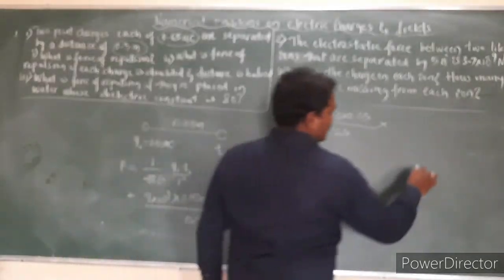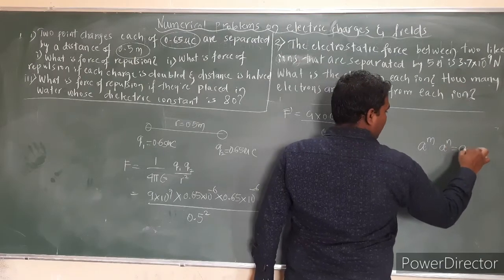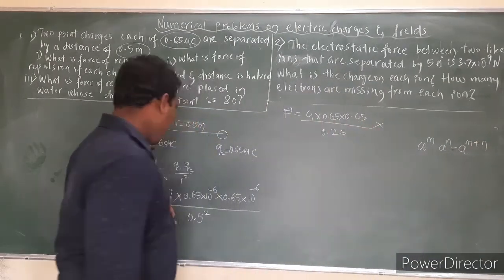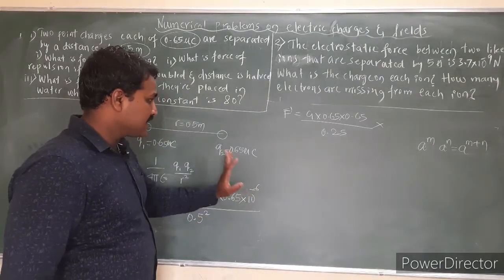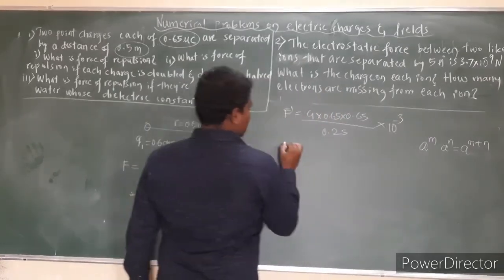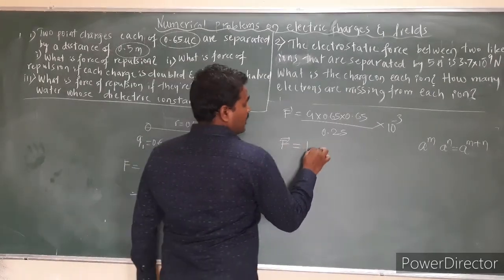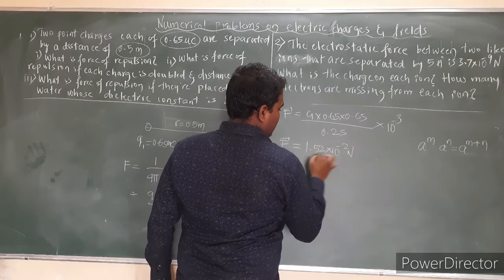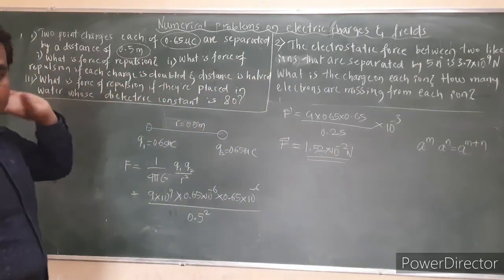Here I am using the formula a raised to m into a raised to n is equal to a raised to m plus n. So I can simply add the powers of 10: 9 minus 6 minus 6 gives 10 to the power minus 3. By simplifying this, I will get the force as 1.52 into 10 to the power minus 2 newtons. So this is the force of repulsion between both the charges given.